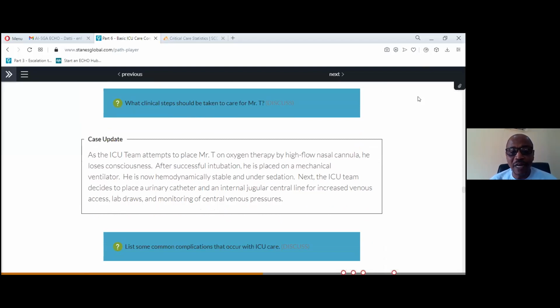He is now hemodynamically stable under sedation. Next, the ICU team decided to place a urinary catheter and an internal jugular central line for increased venous access, lab draws, that is, you take samples for investigations, and monitoring of central venous pressures.